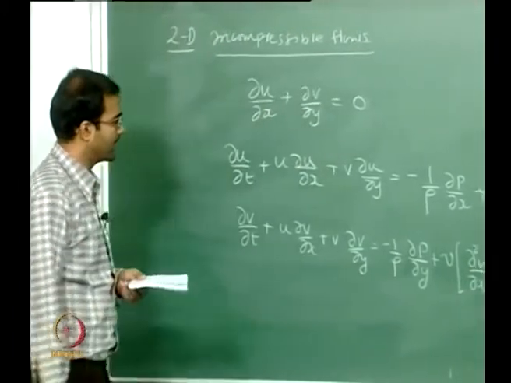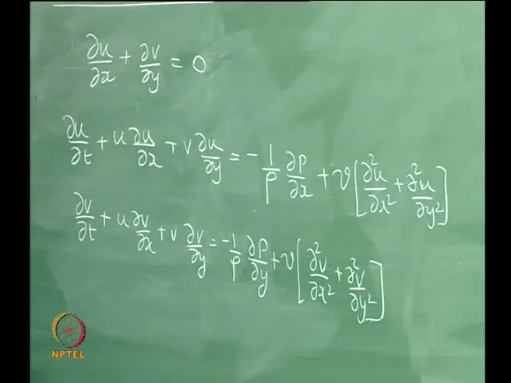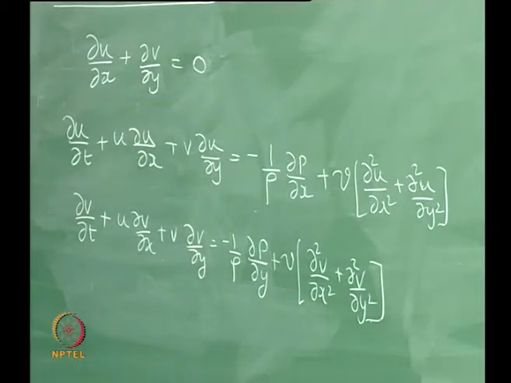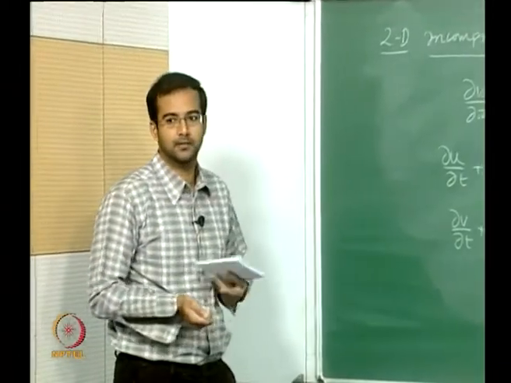So we will also write your energy equation. After we derive the stream function vorticity formulation, we will quickly go back to the energy equation and simplify that. Okay, so what is your 2D incompressible energy equation? We can directly write for temperature.